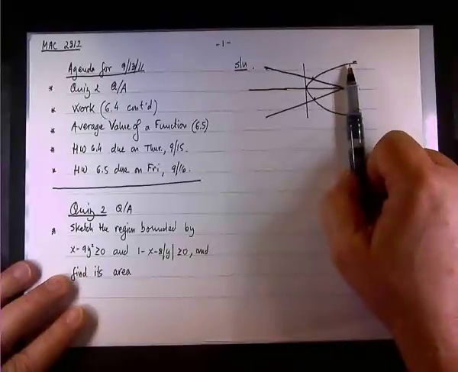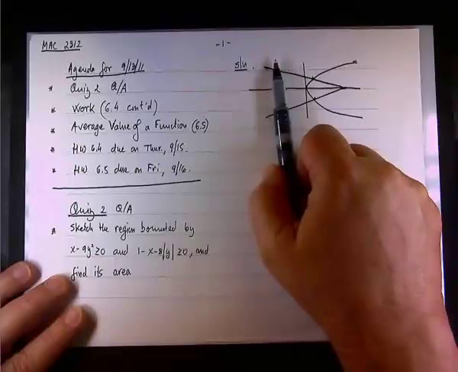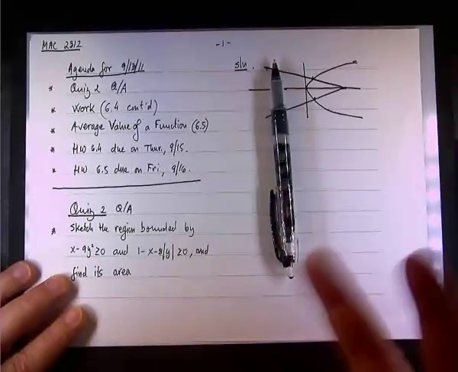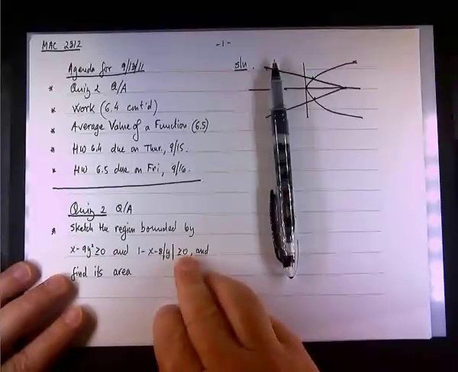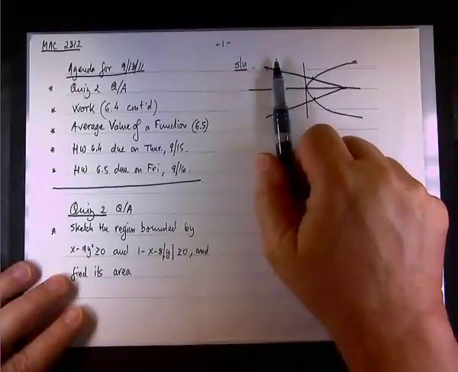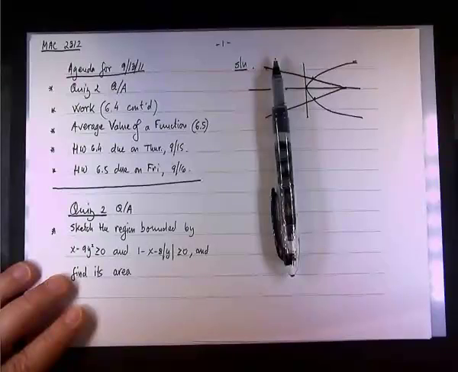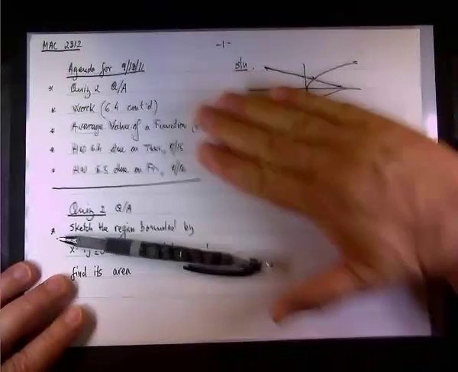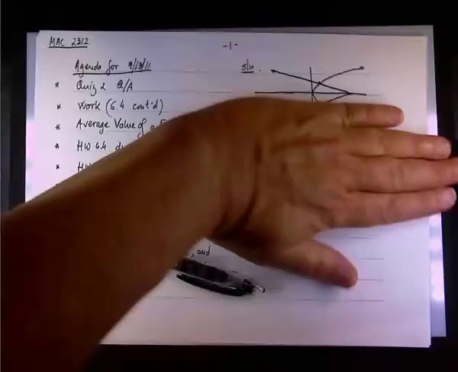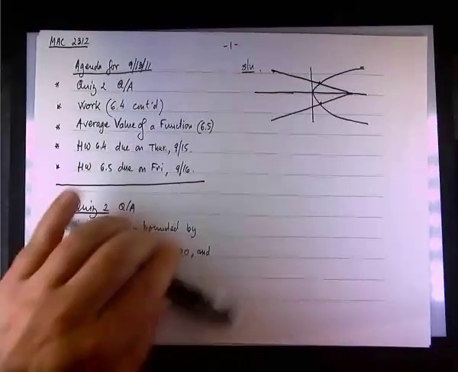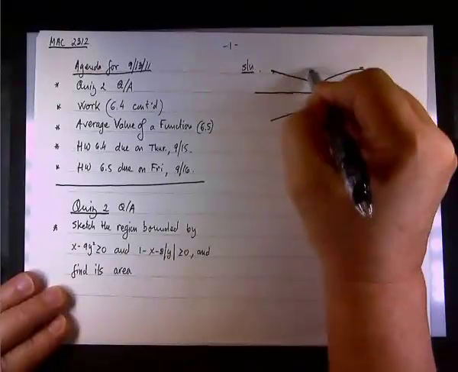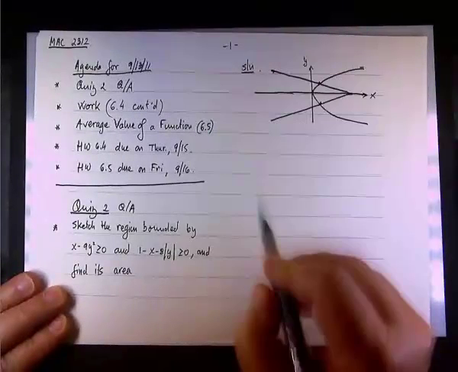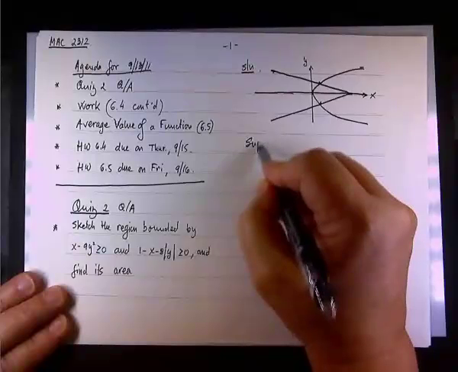Notice that neither one is a function, because the parabola x minus 9y squared fails the vertical line test, as does the relation 1 minus x minus 8 absolute value of y greater than or equal to 0. But if we take just the positive values of y, in other words the top half, then we do have two functions.